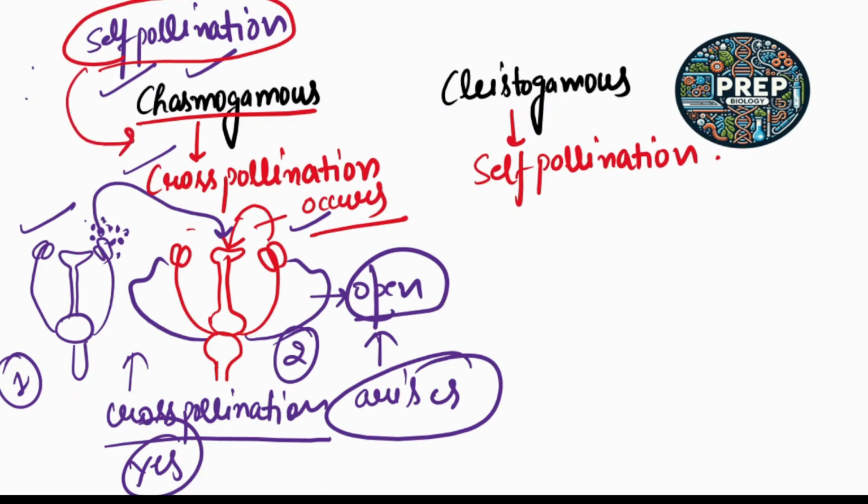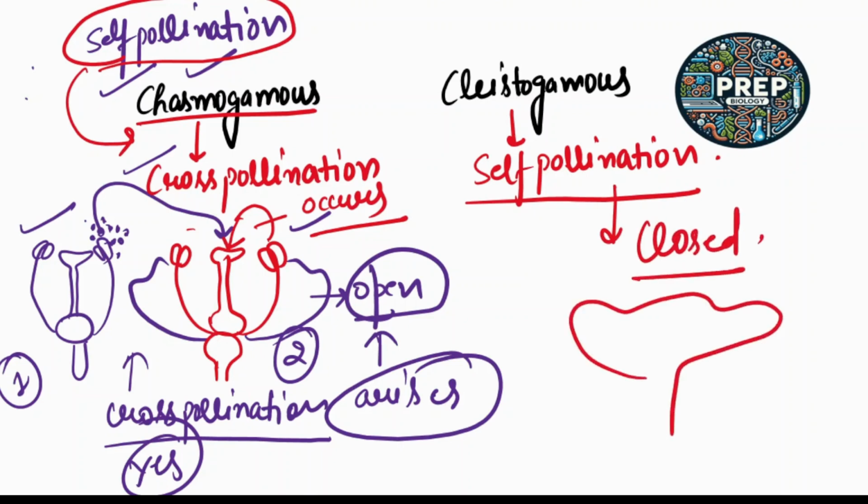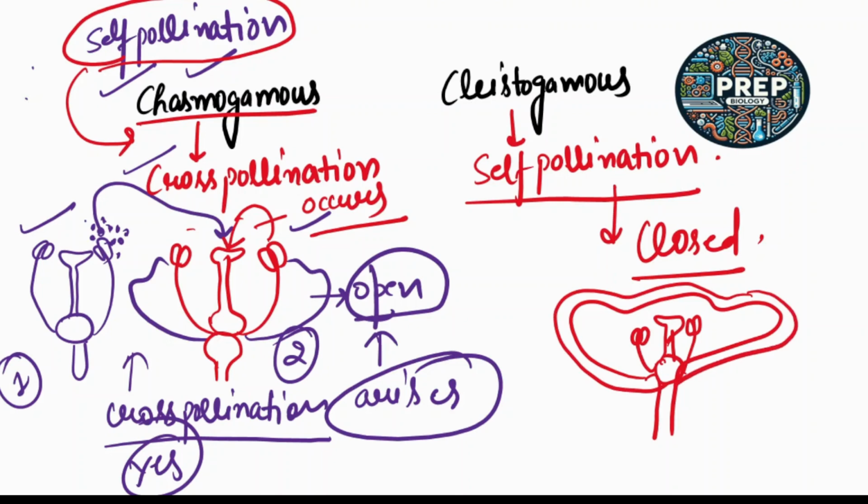Now in case of the clistogamous, self pollination occurs because the flower is closed. If the flower is closed in nature and the reproductive organs are present inside it, there is the least chance of pollens entering the flower.